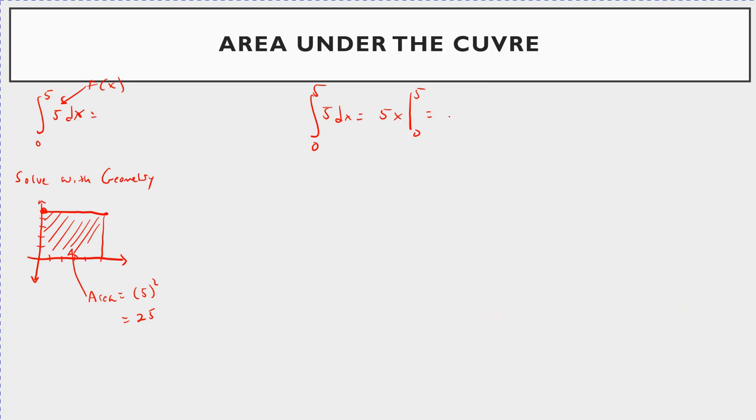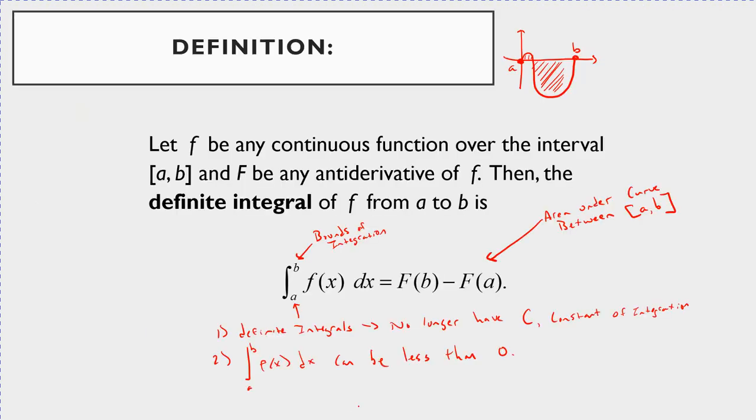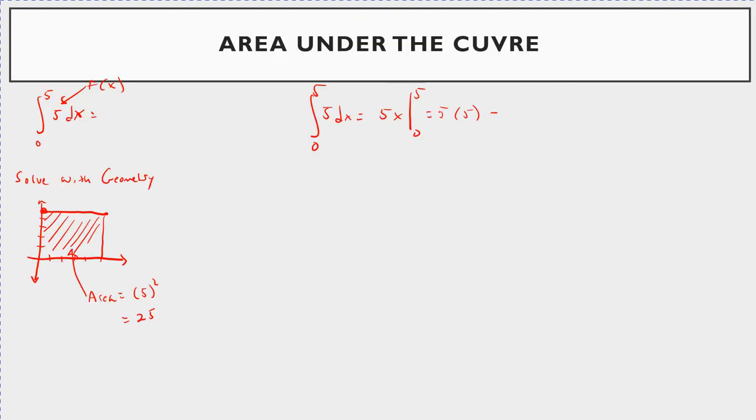Plug 5 in for x, you get 5 times 5. Minus, going back, you take the bottom bound, a, and plug it into the function, so 5 times 0. So this is 25 minus 0. You get the same result, and that's what you would expect.